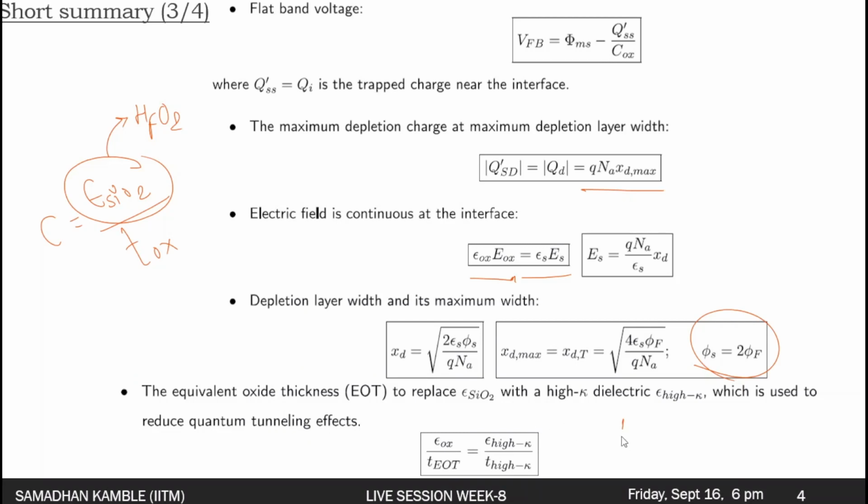Equivalently, the oxide thickness, let's say TEOT, is the epsilon of the regular oxide over the epsilon of the high K dielectric that we have used, times the thickness of the high K. So effectively we have decreased the thickness just by using a material as oxide which has a higher dielectric constant, and it has decreased by a value of this particular ratio.